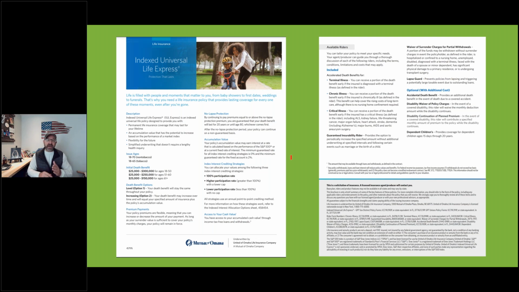They're going to be able to get a lot more coverage for the same premium as they would as a final expense product. This IUL Express is written at a table 4, final expense is written at a table 6. But if your client has never had a heart attack, stroke, cancer, or any major illness, they're falling into that table 4 category. So why not get them a better product as long as they have the financial capacity?